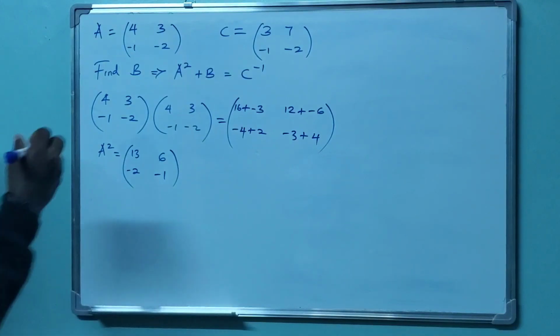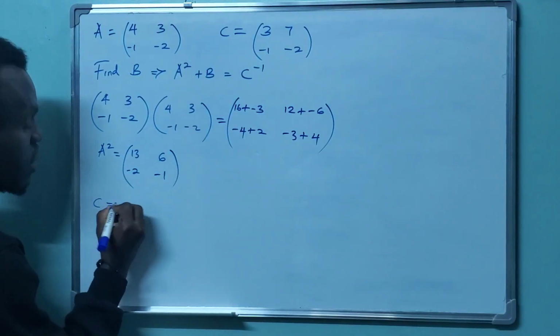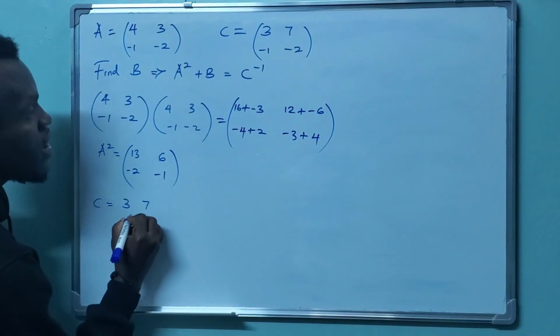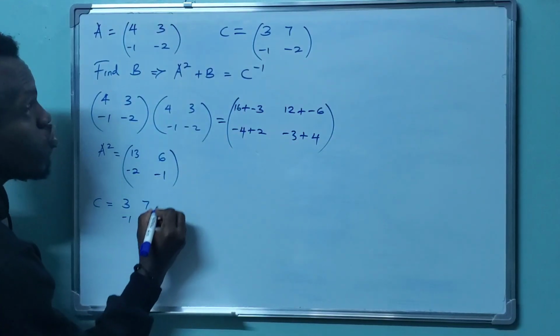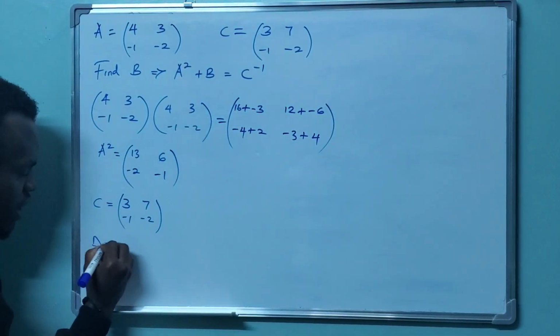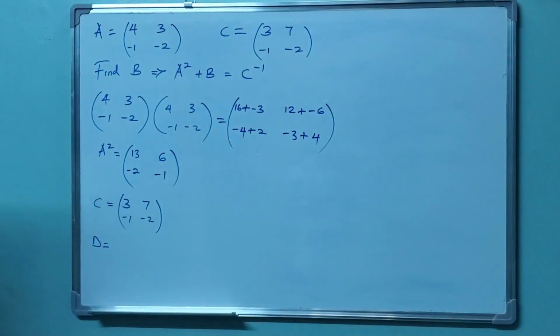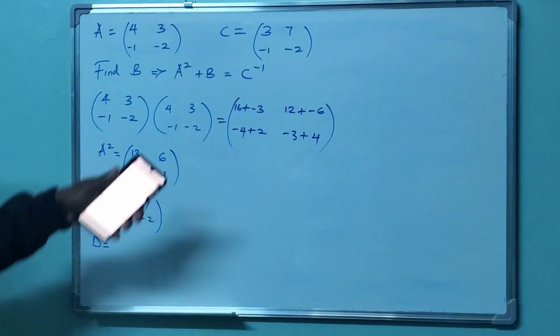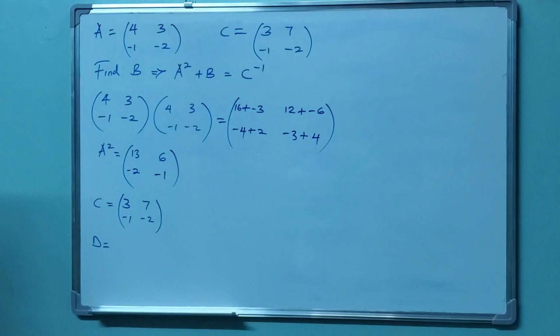So the inverse of C, my C is equal to 3, 7, negative 1, negative 2. First of all, we are going to get the determinant, whereby we take the product of the leading diagonal and subtract the product of the end diagonal.